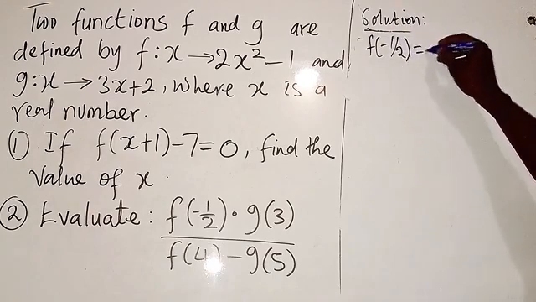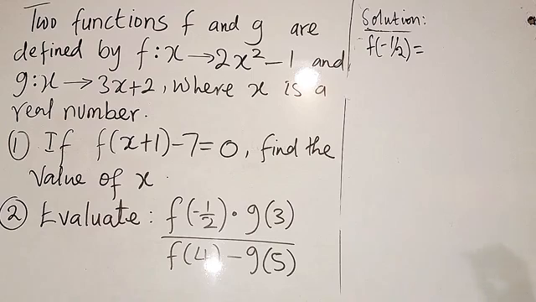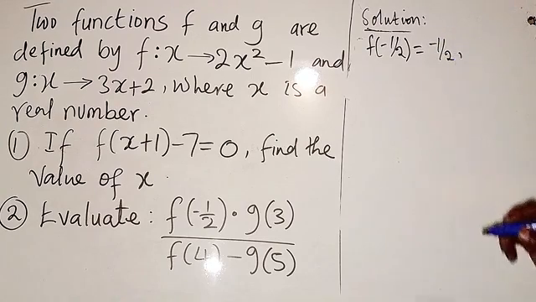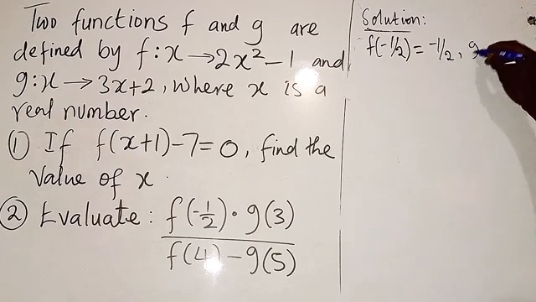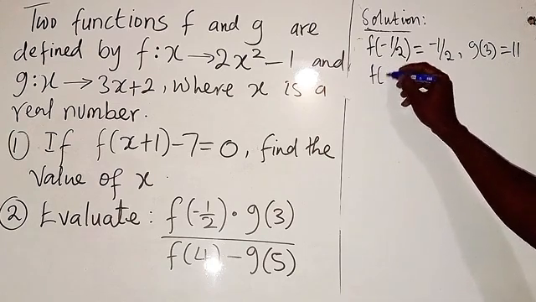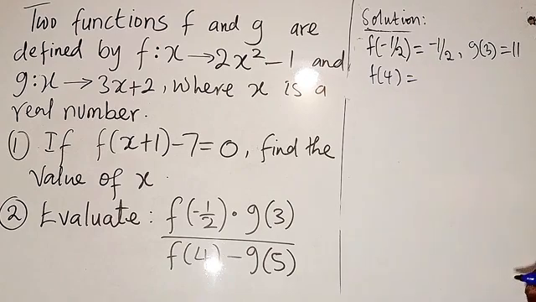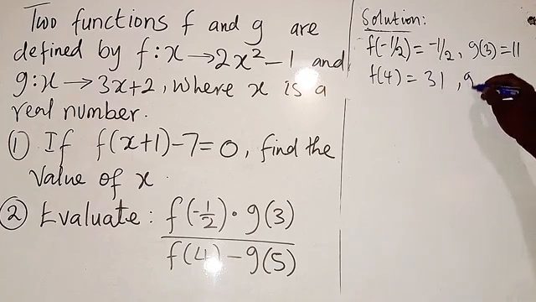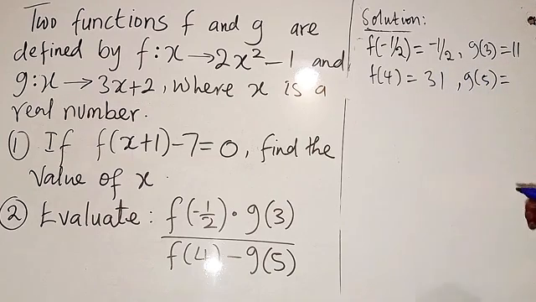We have f of minus 1 over 2 to be minus 1 over 2. Then we have g of 3 to be 11, right? Then we have f of 4 to be 31. Then we have g of 5 to be 17, right?